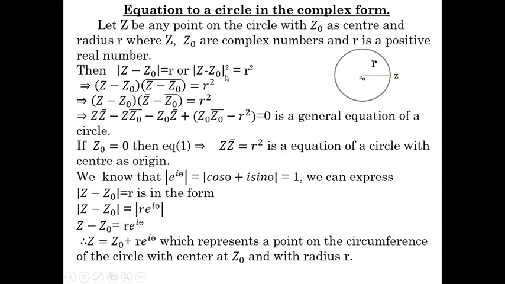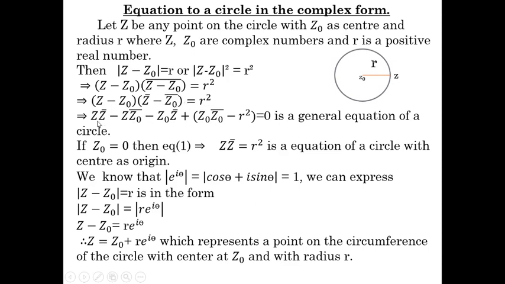By the modulus property, mod of z minus z0 whole square can be written as z minus z0 into conjugate of z minus z0 is equal to r square. Now here applying the conjugate property, conjugate of z minus z0 can be written as conjugate of z minus conjugate of z0.